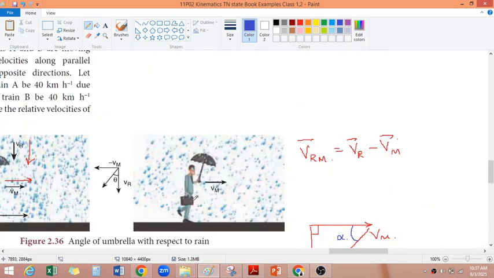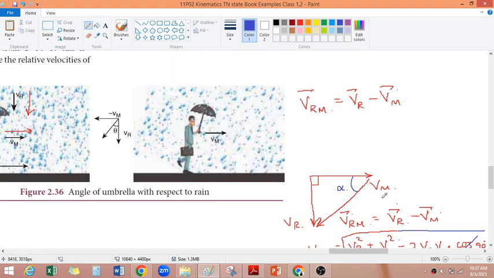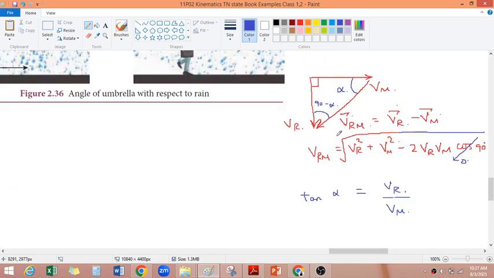Instead of a walking man, sometimes somebody is riding a bicycle and holding an umbrella. They have to tilt the umbrella at a certain angle alpha with respect to the horizontal. Sometimes if they ask for the other angle, you have to do 90 minus alpha. Nothing very difficult if you know simple mathematics.